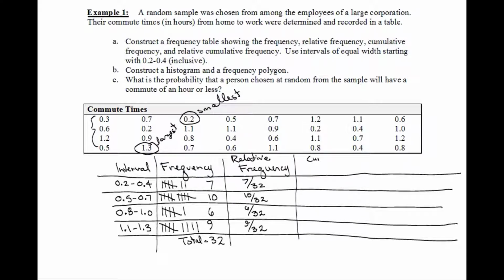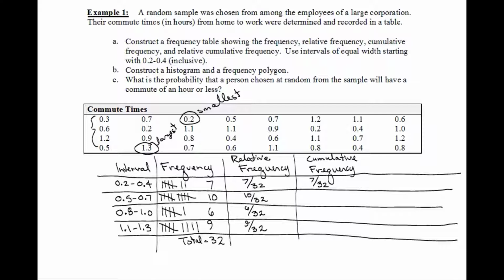Cumulative frequency means that we include the total of your category, the current category, plus all the ones earlier. In other words, the first category will be 7 over 32. Then the next, we're going to take the 7 and we're going to add the 10.